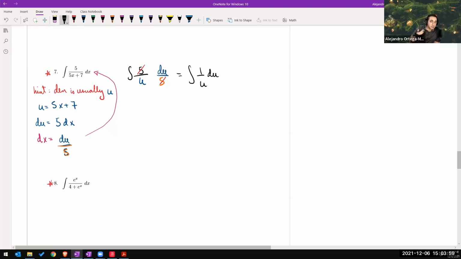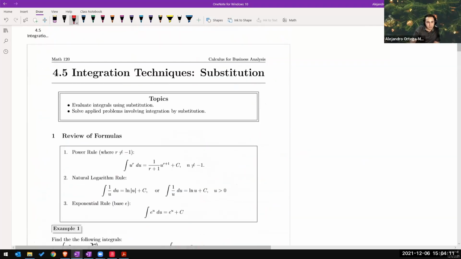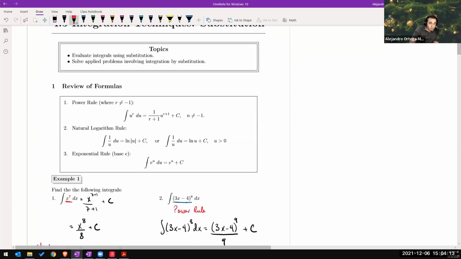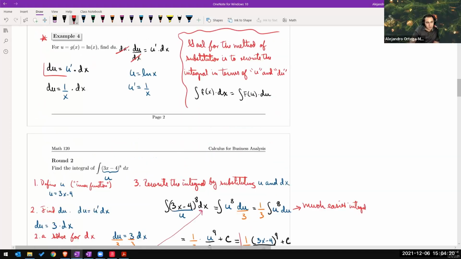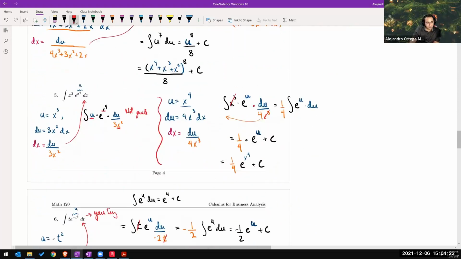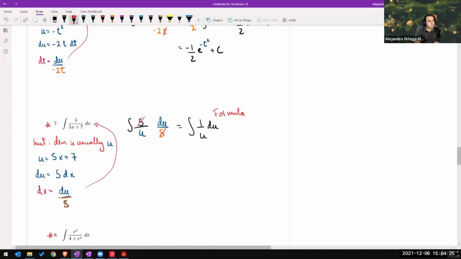Now that one might be tempting to use the power rule, but this is a formula, guys, or a rule that's already established. If you take a look at the beginning of the notes, I said that whenever you have 1 over u du, the integral is going to be the ln of the absolute value of u plus c.